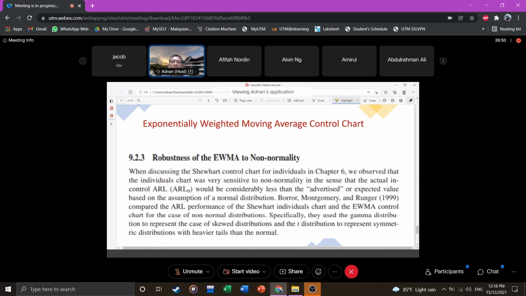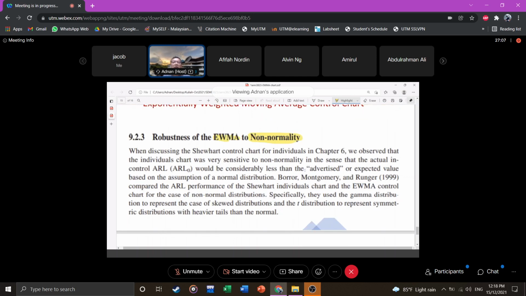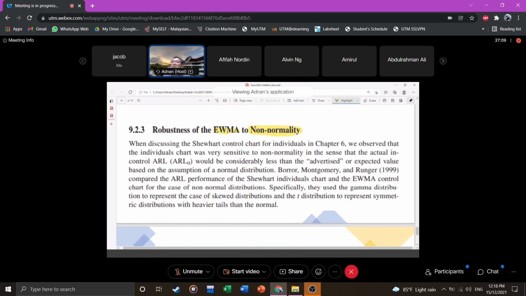So we may have non-normality, where the process data does not follow a normal distribution. However, this EWMA is not sensitive to non-normality. Remember that before this I discussed a method for how we can eliminate or reduce the effect of non-normality.